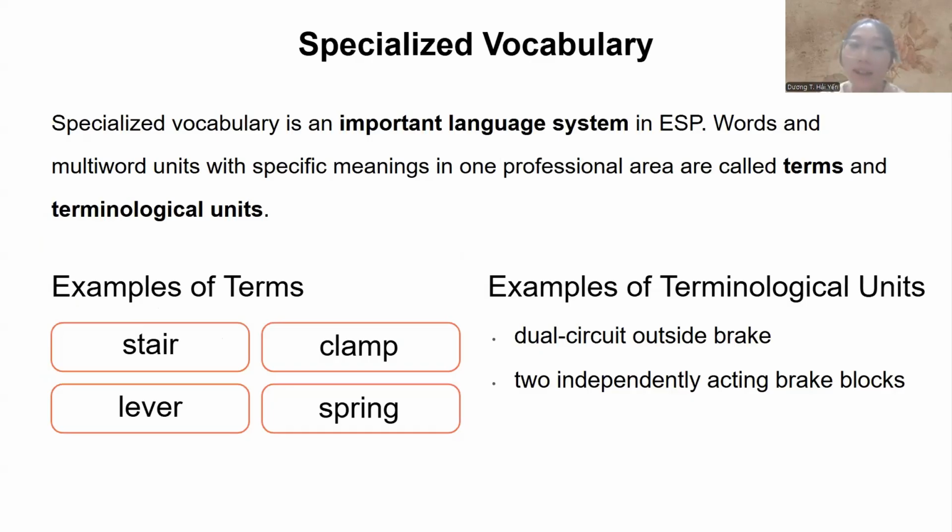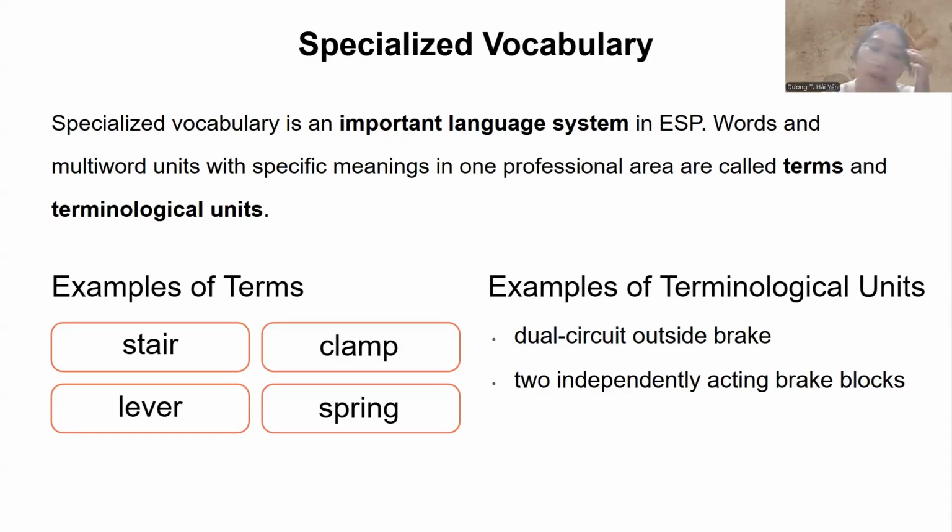Okay. So here, specialized vocabulary is an important language system in ESP because each professional field has its own specific terms. So in ESP, words and multi-word units with specific meanings in one field are called terms and terminological units.